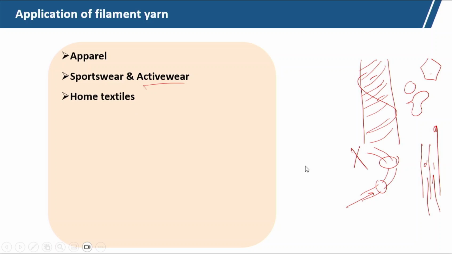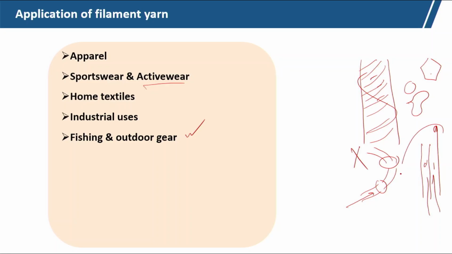In home textile we use it, and industrial uses are there. Fishing and outdoor gear we use this filament yarn, because this filament yarn does not absorb moisture.